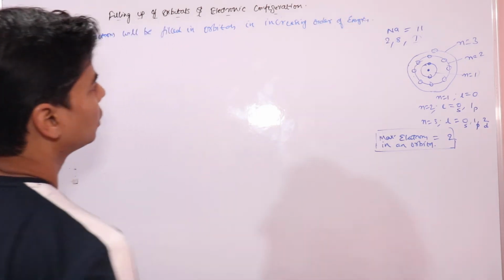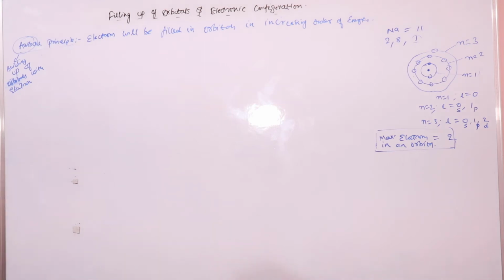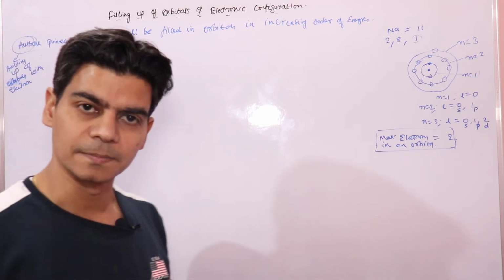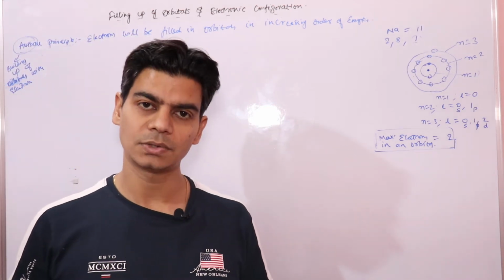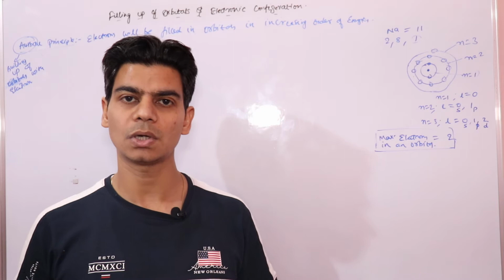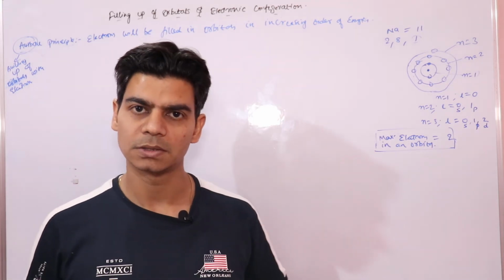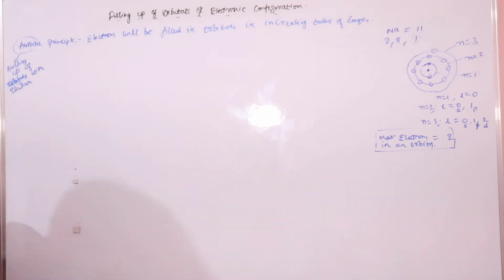Now let's look at the order, because based on this principle we can write the electronic configuration. When we write the electronic configuration, we need to know the order in which we should fill electrons in various orbitals. Now let's look into that.